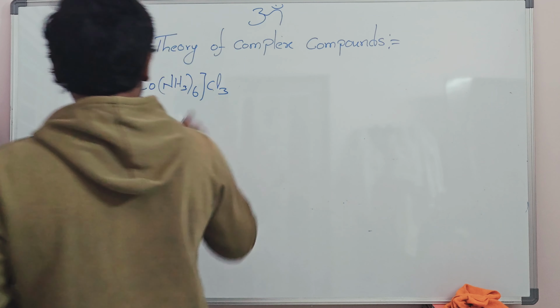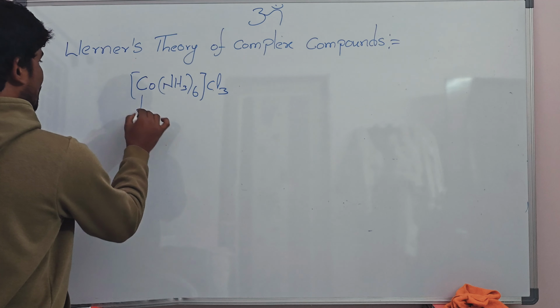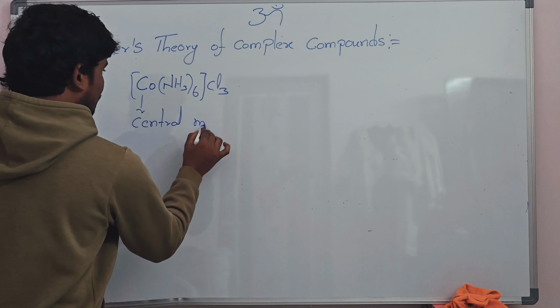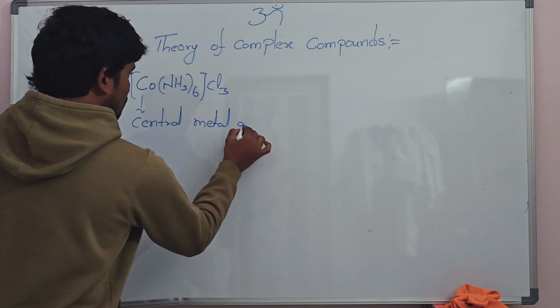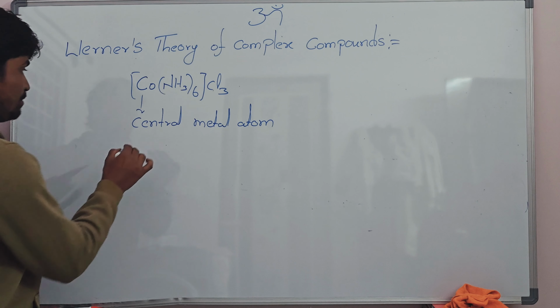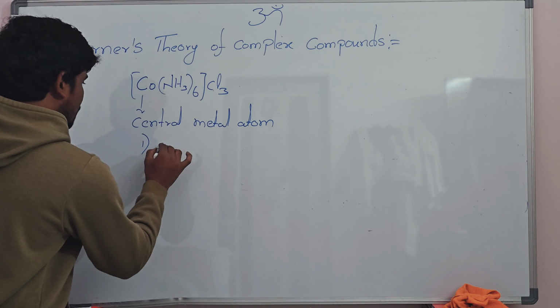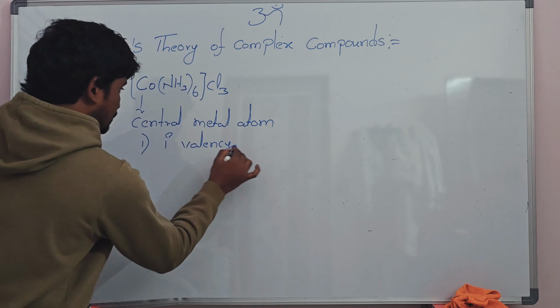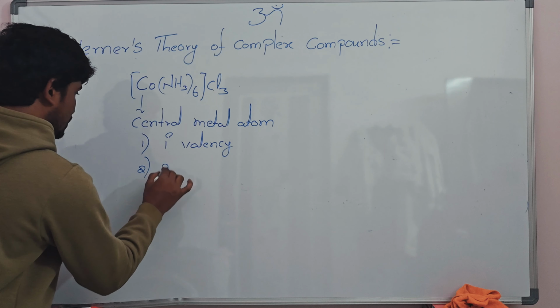So according to Werner's theory, the central metal atom has two types of valencies, primary valency and secondary valency.